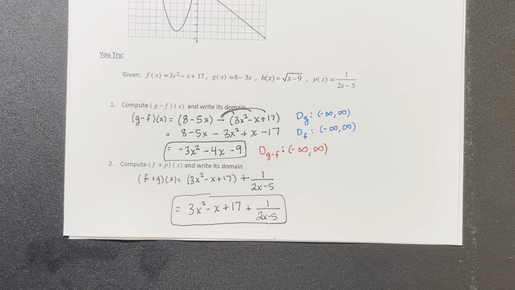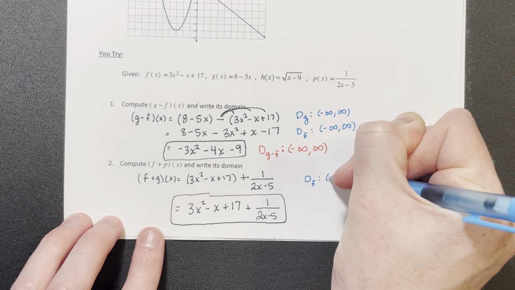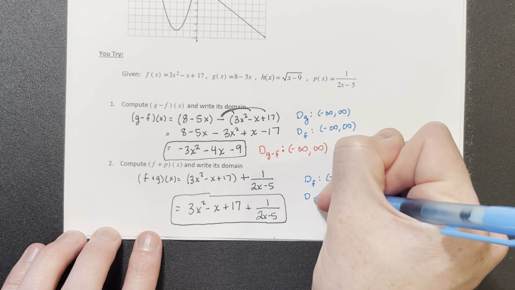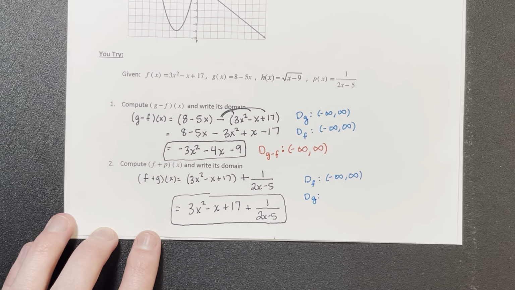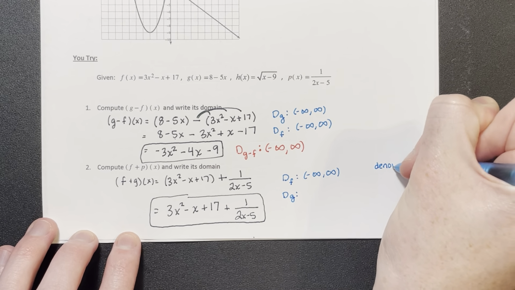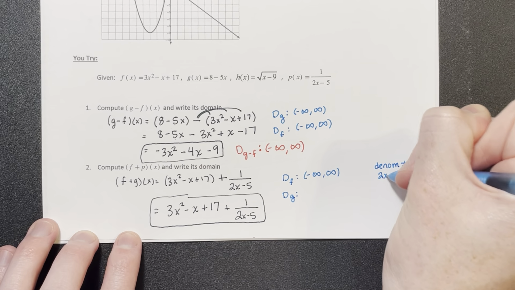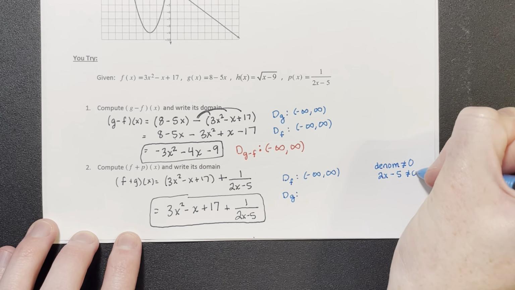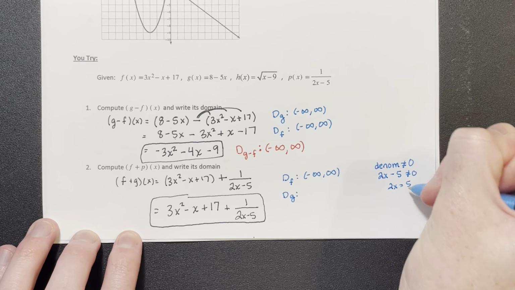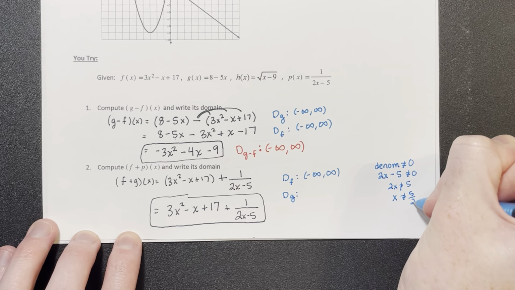If I do the domains, let's do the domain of f was all real numbers. The domain of g is a rational function, so we had that issue where the denominator cannot be 0, and the denominator is 2x minus 5, so it cannot equal 0. And we just solve for x. So x cannot be 5 over 2.